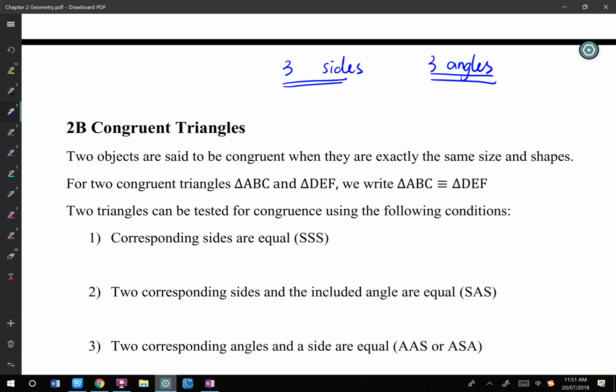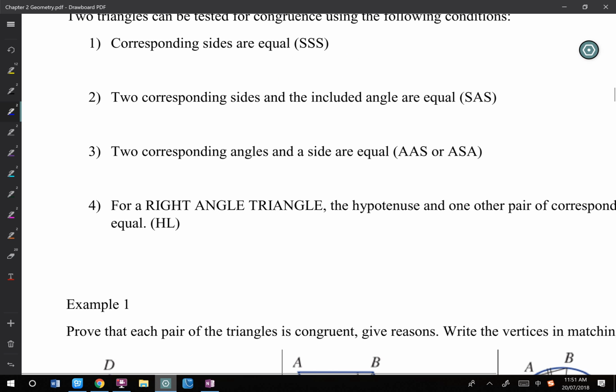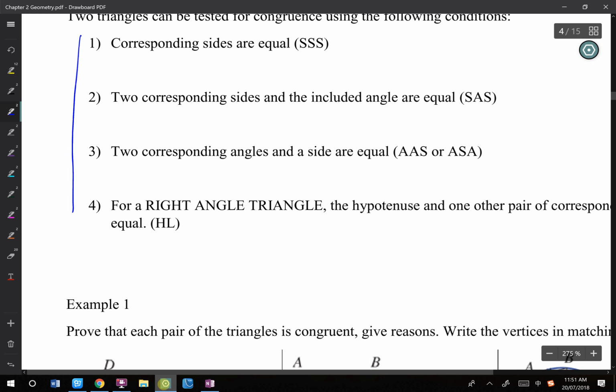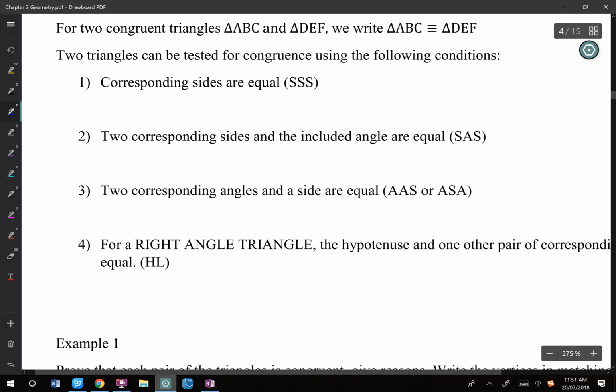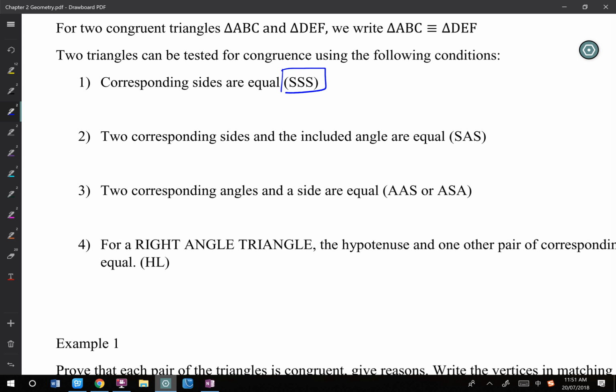So what are the conditions I can use? There are 3 things I can look at, and there are 4 groups of those 3 things. The first group I can look at is all the sides. If all the sides are equal to each other, side, side, side.